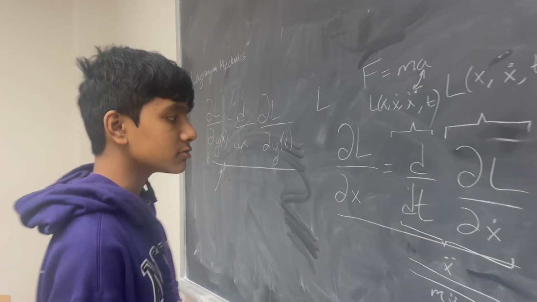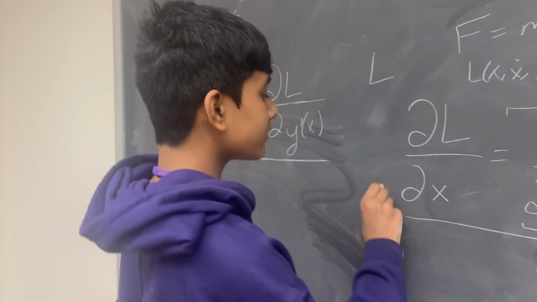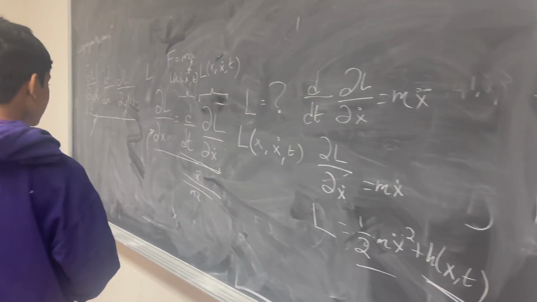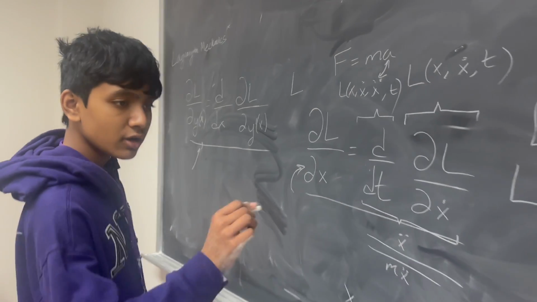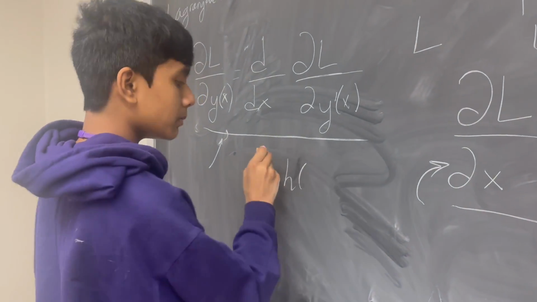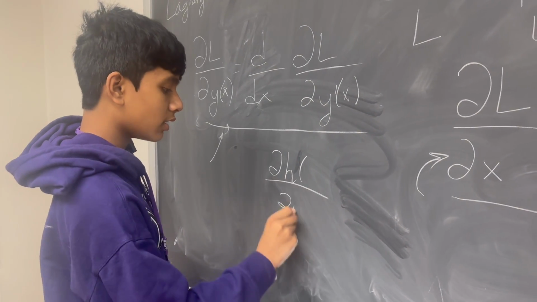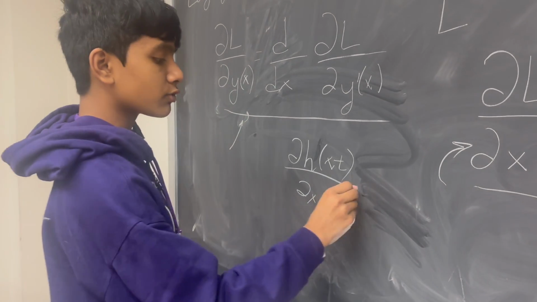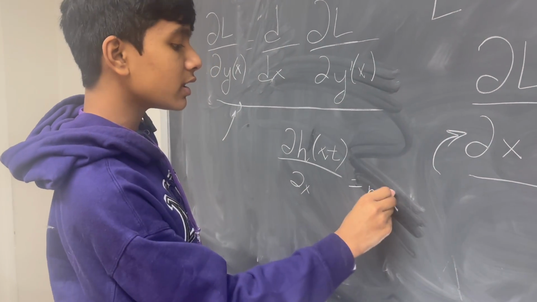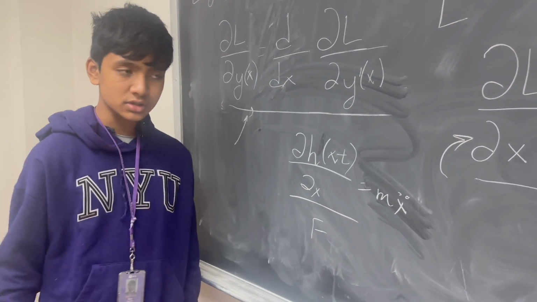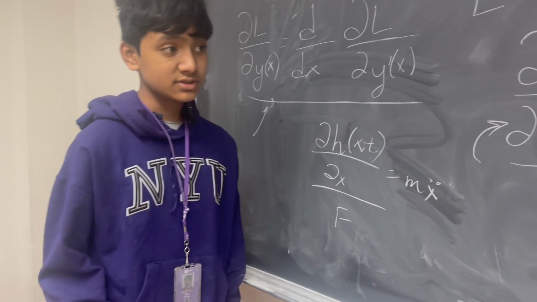Well, let's find out. When we differentiate with respect to x, this obviously will disappear, meaning we're left with that tiny little function. So we'll say partial h of x and t, partial x. And that's, of course, equal to m x double dot, which means this has to be equal to force. So, what is force?